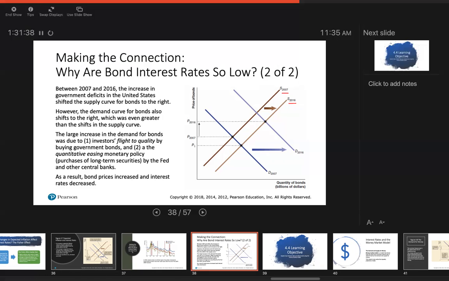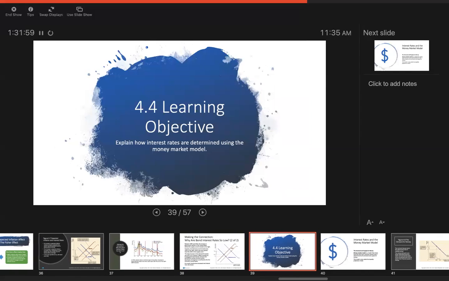In the real world, it's a lot more complicated to understand what the right magnitude of the shift is when we go from here to here. But assuming that this is the right magnitude of shift, we can use this model to analyze these kinds of events. Okay. All right.